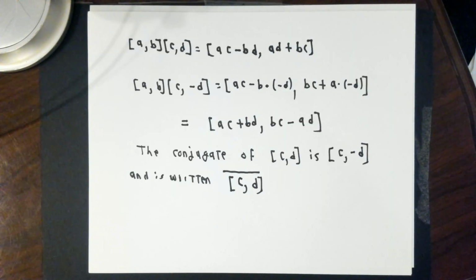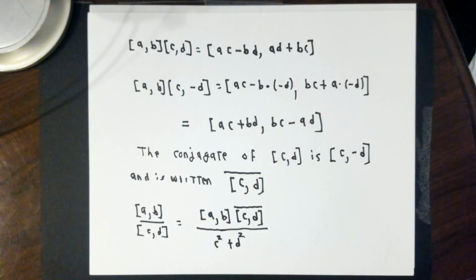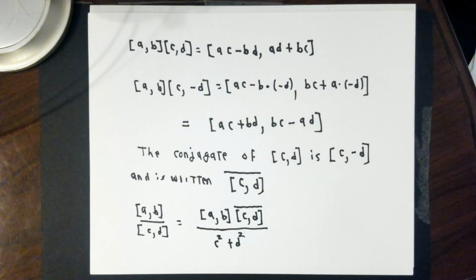We're very close to dropping all pretense here. There's one more interesting feature about this. The bottom of that fraction is a real number. It's C squared plus D squared, but it's related to this conjugate thing as well.